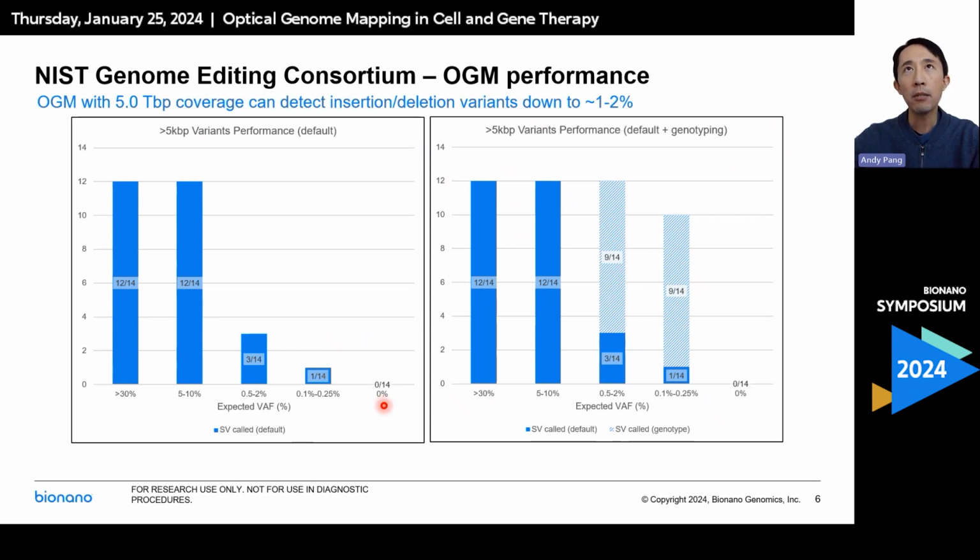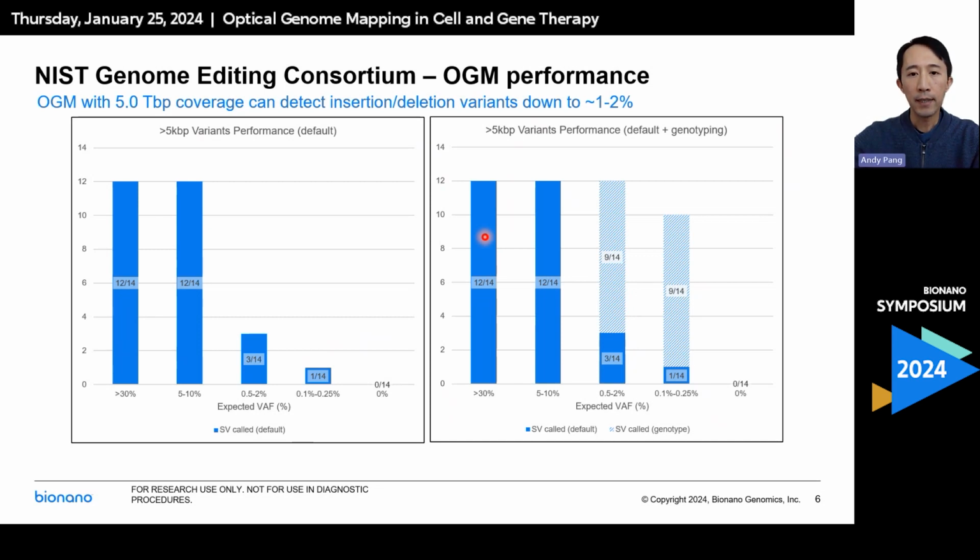Now, at the same time, on top of using the default rare variant pipeline to call SVs, we also used a molecule mapping approach, which we call the genotyping approach. Essentially, what we did was we aligned the molecules from these latter 3 samples to the maps in this sample.